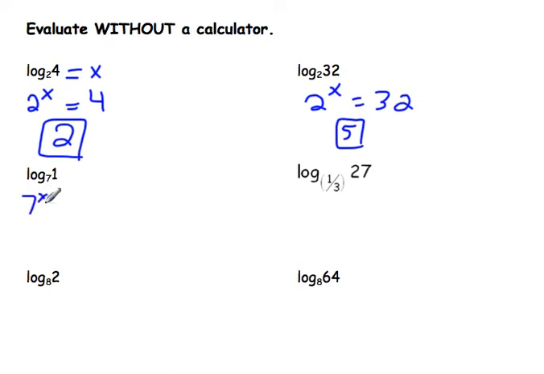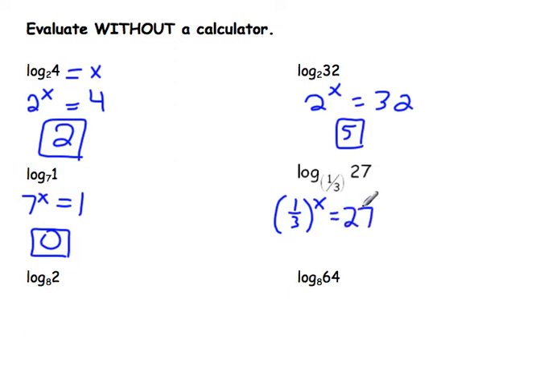7 to what power would give us 1? And that's one of those things that we just talked about. Log of 1 with any base is going to be 0, because anything to the 0 power is 1. Now we have 1/3 to what power would give us 27?